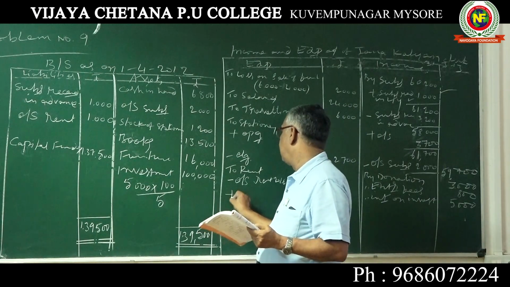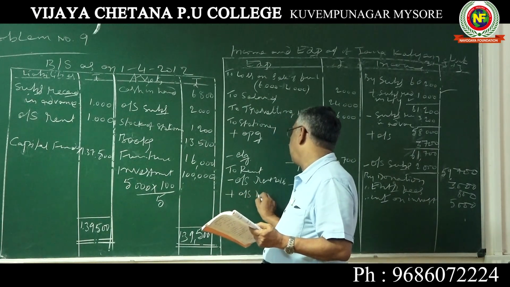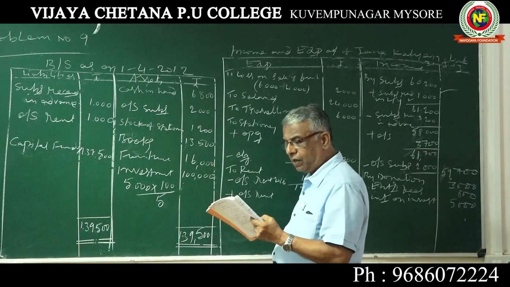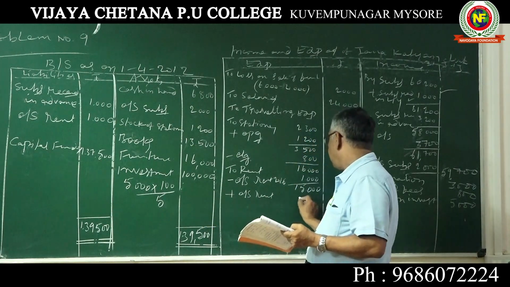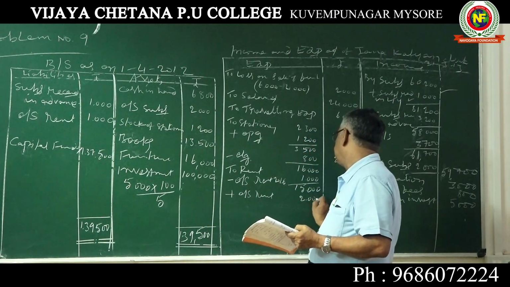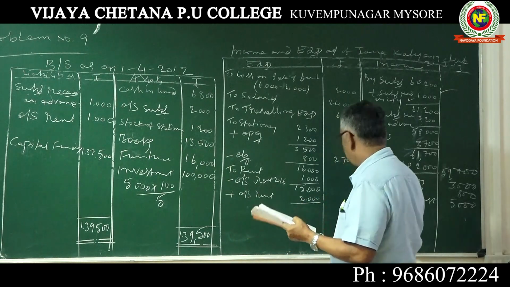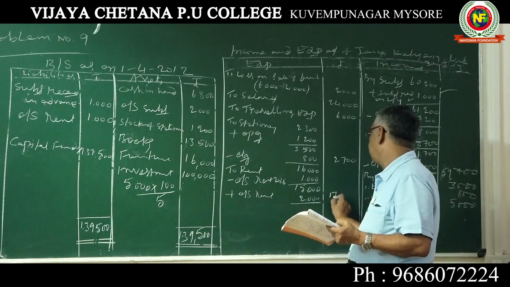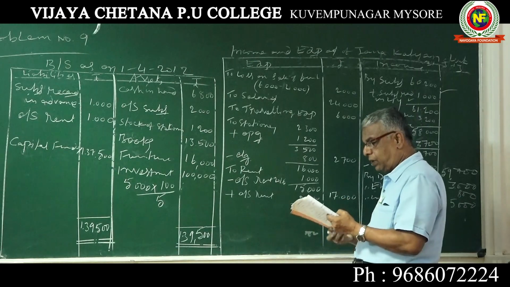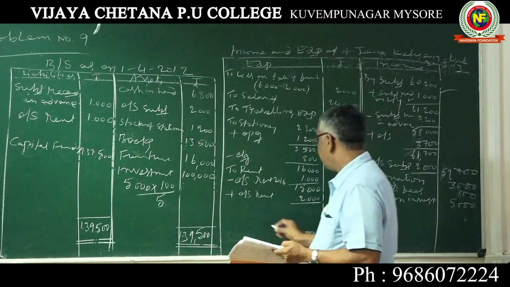Add outstanding rent for the current year, 2,000. So the total is 17,000.